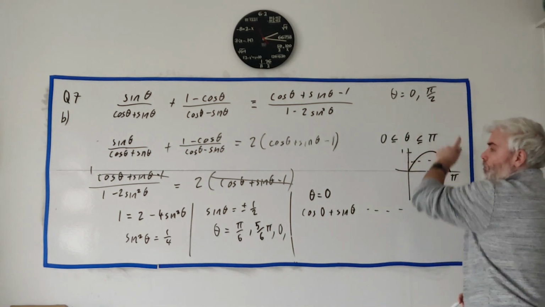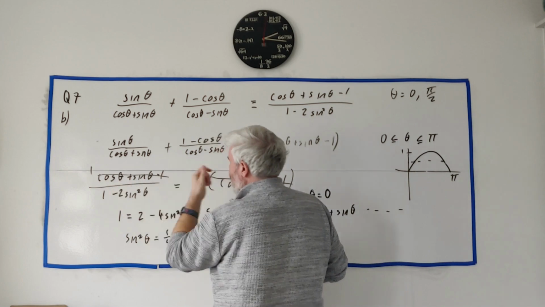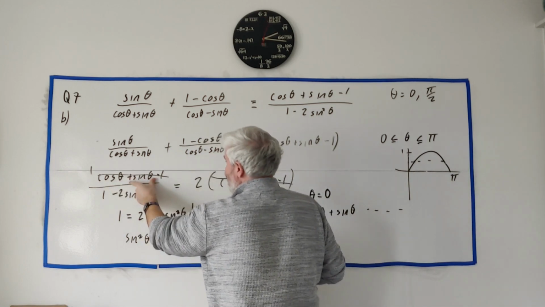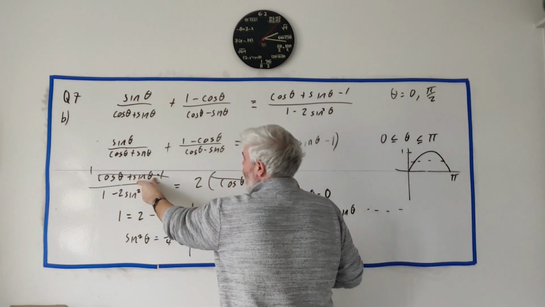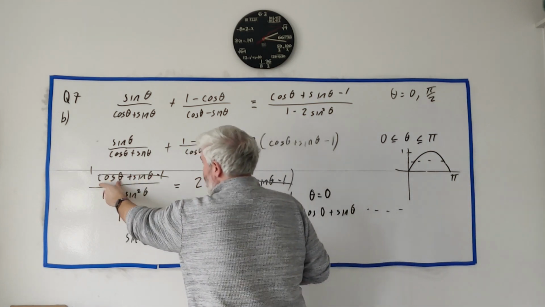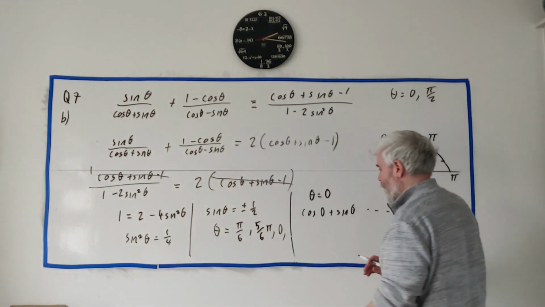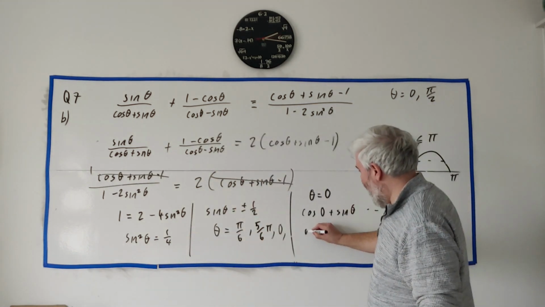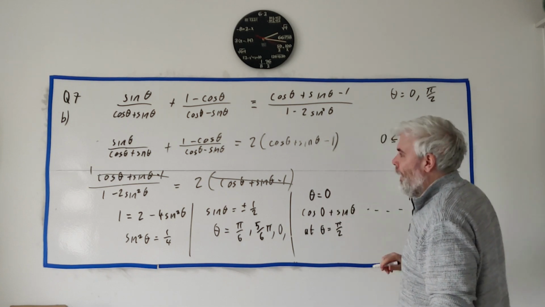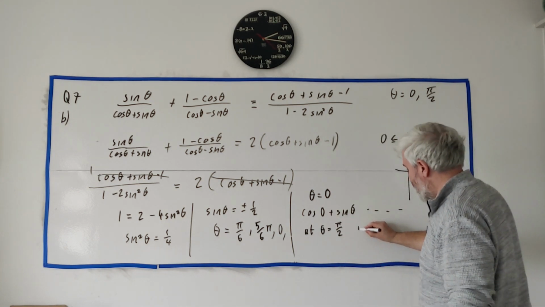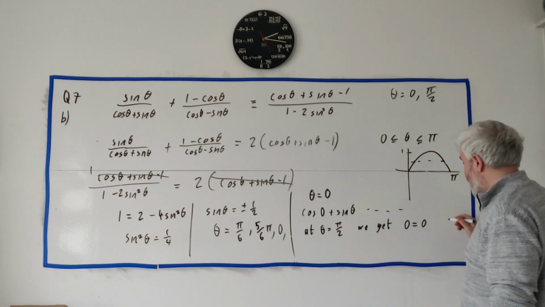Same with pi over 2. Pi over 2, this gets 1. That gets 0. That gets, overall, 0. Let me do this one differently. At theta equals pi over 2, we get 0 equals 0.